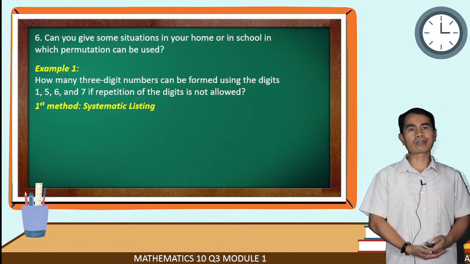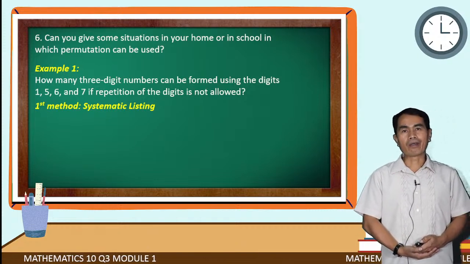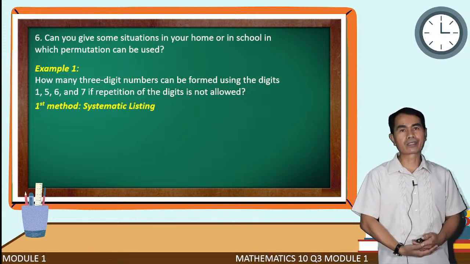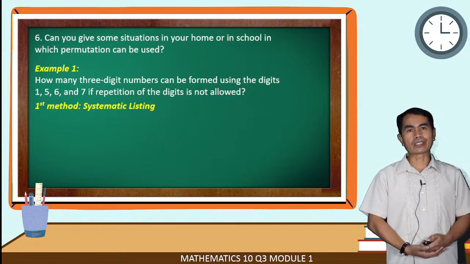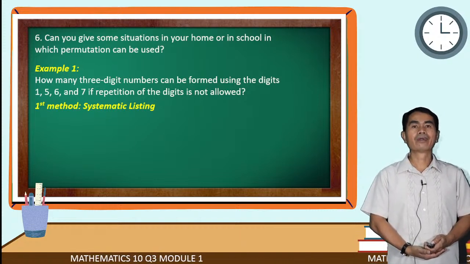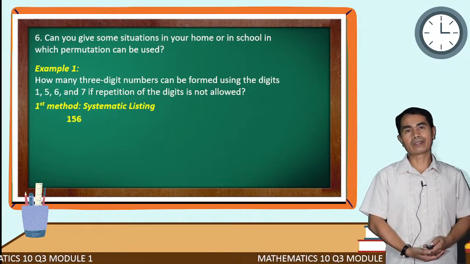In this method, class, we are going to enumerate all the possible three-digit numbers starting with the smallest number. So that's why it's called a systematic listing method. What is the smallest three-digit number that can be listed?